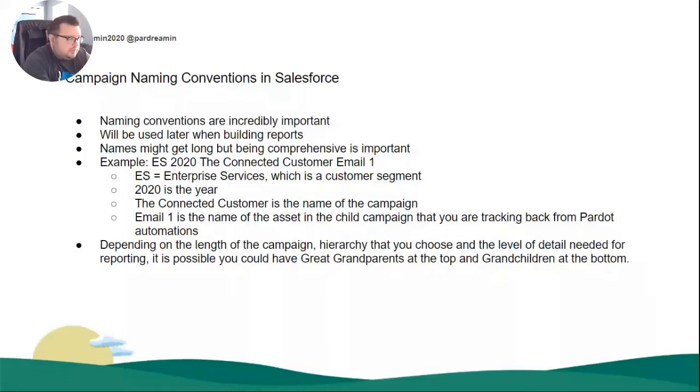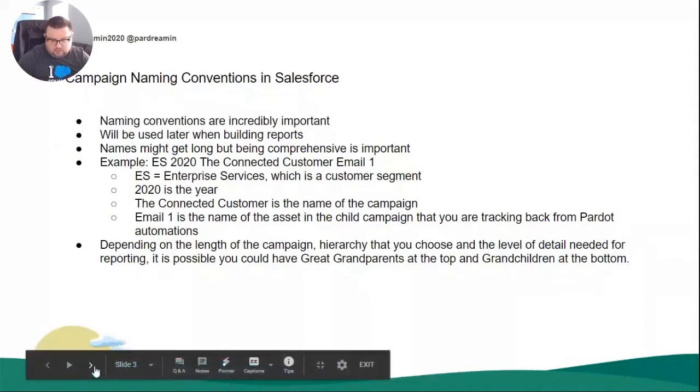I've had leadership that said that they needed a ton of information. I had a great grandparent campaign at the top and a great grandchild campaign at the bottom. And they needed to see as many data points as possible. But naming conventions are very important for being able to build reports, to be able to key off of and identify specific campaigns for your reporting.